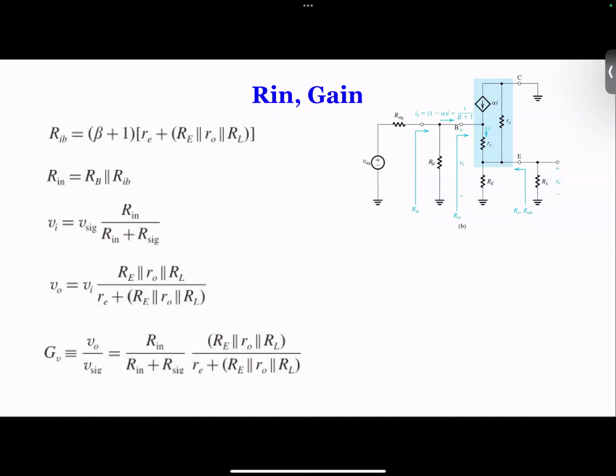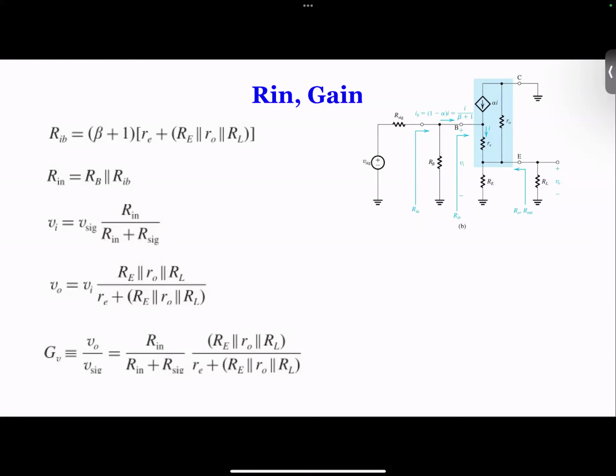The way they did it is first to look at RIB, the resistance between the input node of the BJT or the MOSFET and everything else.